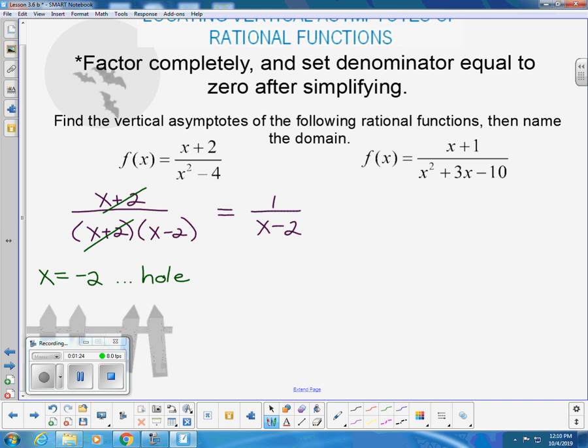So the hole is going to be at negative 2, comma, and if I put negative 2 in this simplified function, it puts me at negative 1 over 4. That's where the hole would exist. If you have a factor that cancels, that x value from the denominator creates a hole. The x value whose factor does not cancel gives you the vertical asymptote.